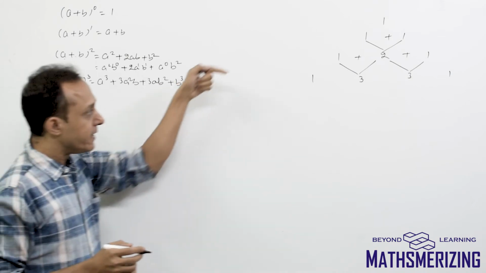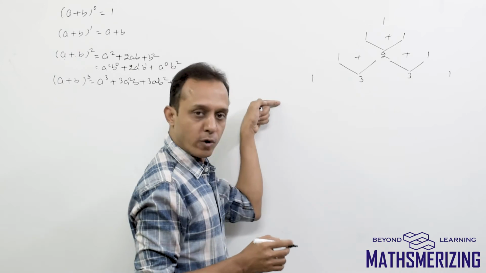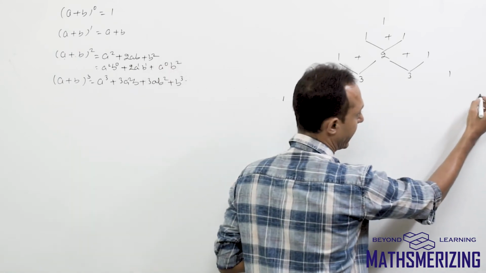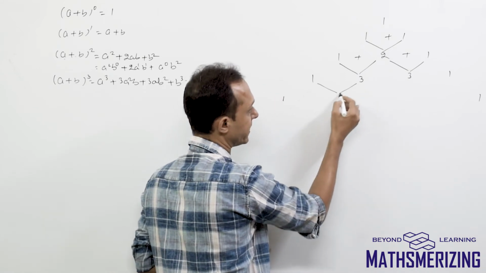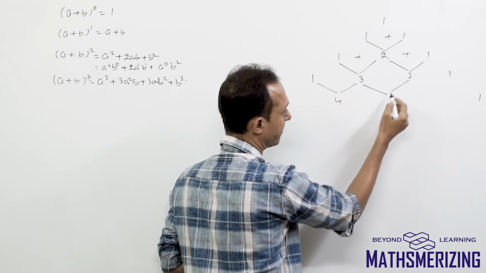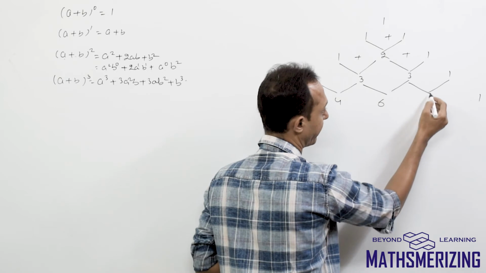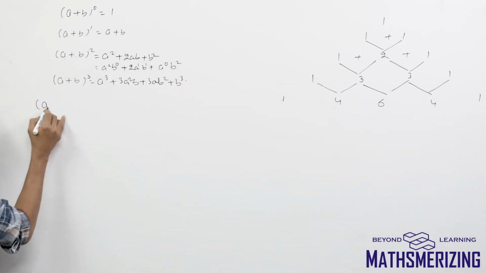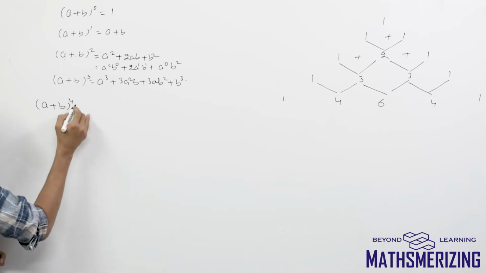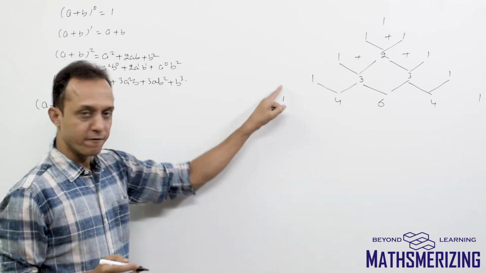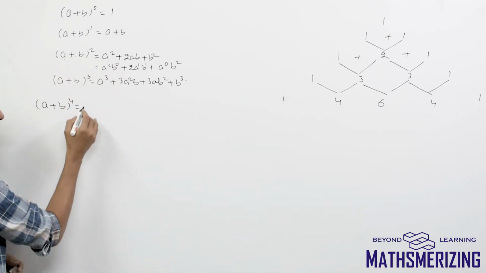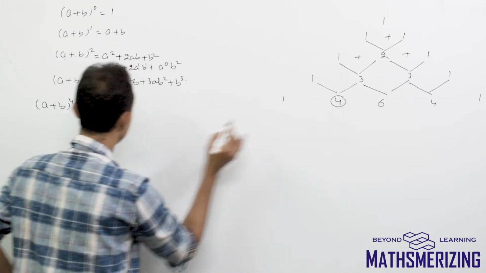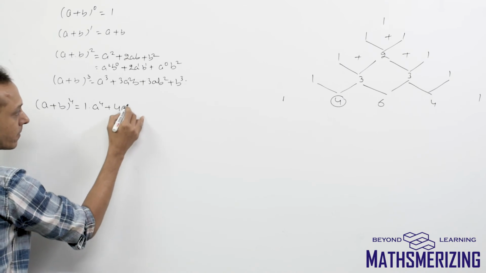So if I have to write the next row in this Pascal's triangle, then I know it will start with 1 and it will end with 1. Now 1 plus 3 will be 4, 3 plus 3 will be 6, and 3 plus 1 will be 4. So if I have to write the expansion of (a + b)⁴, I know the first coefficient should be 1. So it will be 1 into a⁴. Then I'll write 4, so it will be 4a³b.